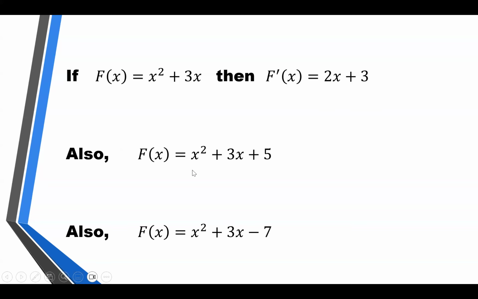However, you'll notice that if I take x squared plus 3x plus 5 and take the derivative of that, because the constant 5 has derivative 0, it will also give a derivative which is 2x plus 3. And likewise, x squared plus 3x minus 7 also has derivative 2x plus 3, because any constant term has derivative of 0.